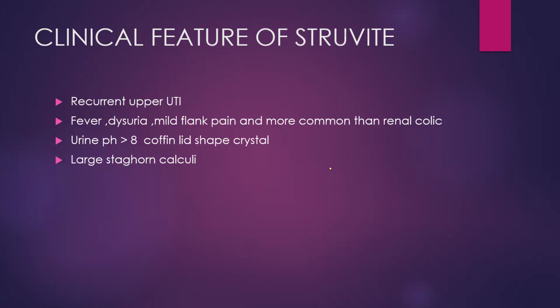The clinical features of struvite stones: recurrent upper urinary tract infection, fever, dysuria, and mild flank pain more common than renal colic pain. Urine pH is more than 8, with coffin-lid shaped crystals, while in uric acid stones the urine pH is less than 5.5. Large staghorn calculi.